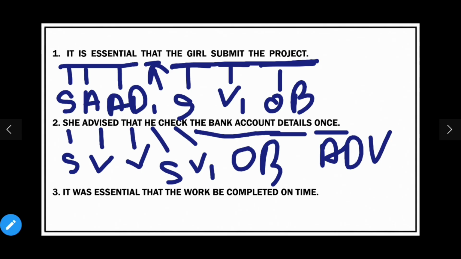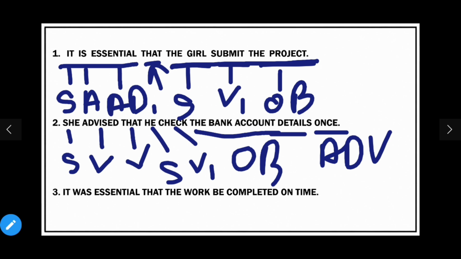So here you can say again the same rule in this subjunctive mood, that is subject, then verb, then that, then subject, then again V1, then object, the bank account details, and then adverb, that is wants.